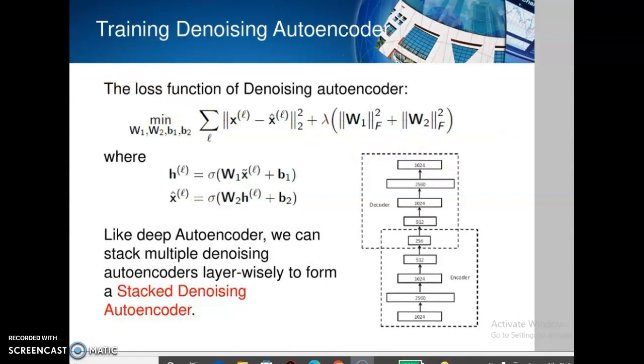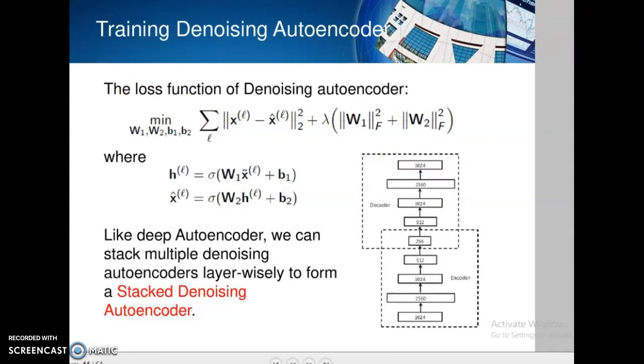Training denoising autoencoders. The loss function of the denoising autoencoder: minimize over W1, W2, b1, b2 the sum of the squared norm of x_l minus x-hat_l, plus lambda times the norm of W1 squared plus the norm of W2 squared, where h_l equals sigma of W1 x_l plus b1, and b2 is the output bias.